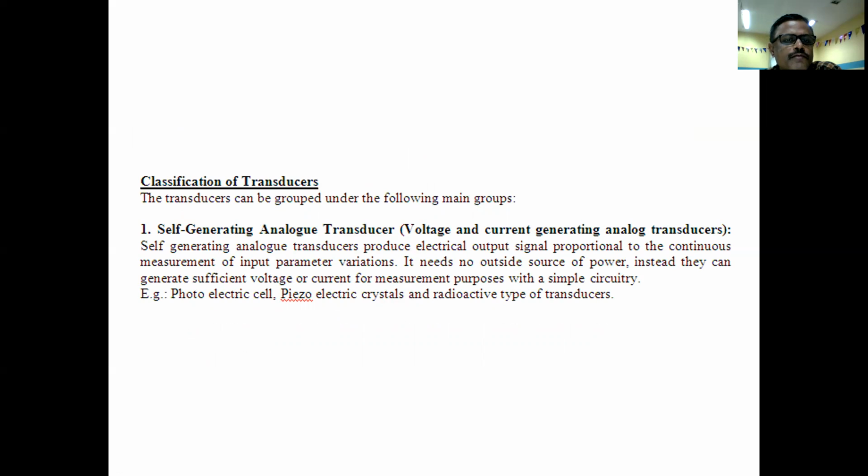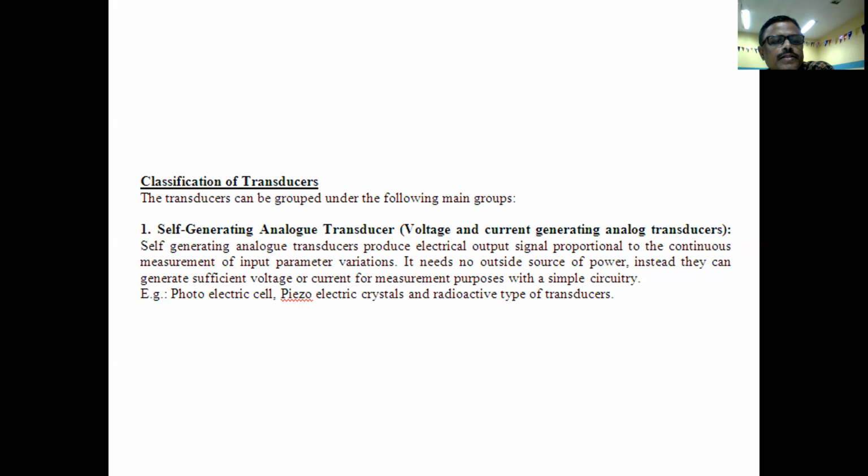Then there are variety of transducers which we will see now. Self-generating type of transducer. Self-generating analog transducers are also called as voltage and current generating analog transducers. So as the name itself says, they are generating voltage and current.